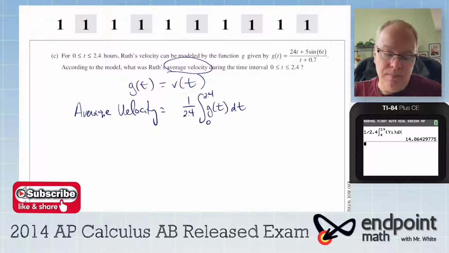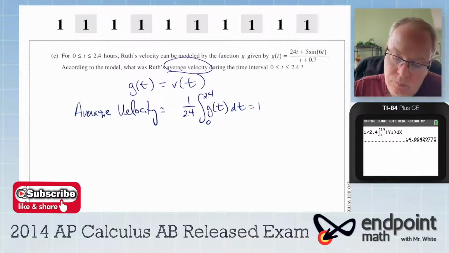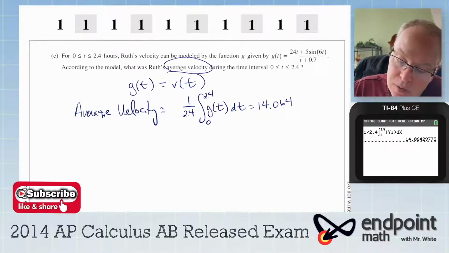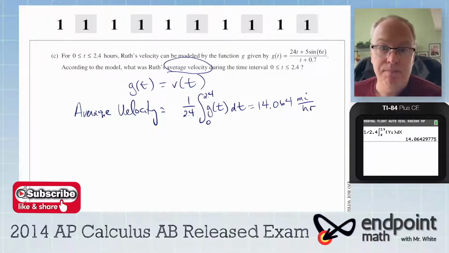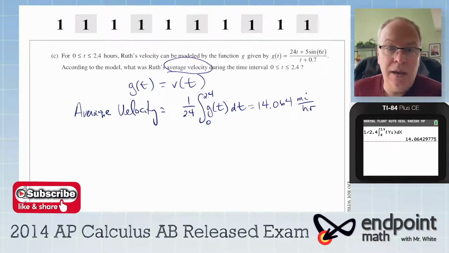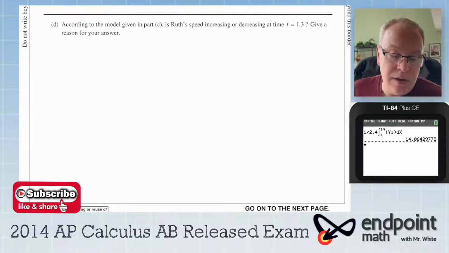So we hit enter and we get 14.06, make sure you round correctly, 14.064, and then of course the units here are miles per hour because this was the average velocity. Now we have that stored in y1, so we may end up using that again on part D because I think we've answered everything on this screen now.